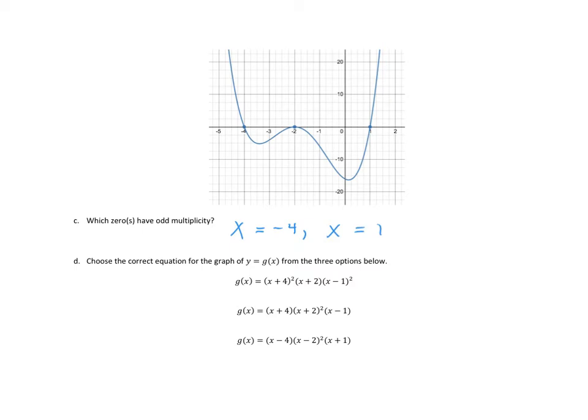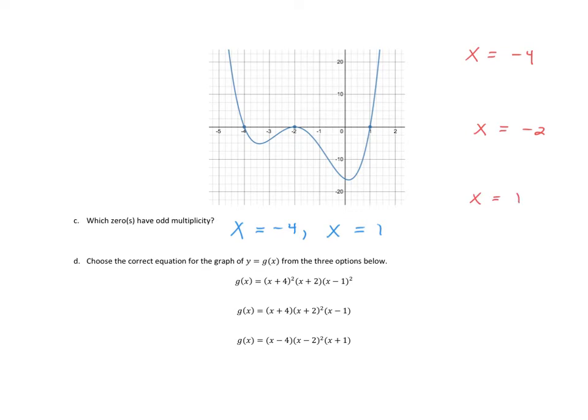Now from this information, we can figure out what the actual equation for this graph is. And we've got to circle the correct one here. Just to label the zeros again, because they were on the previous slide, that was x is equal to -4, x is equal to -2, and x is equal to +1. Those are the zeros.